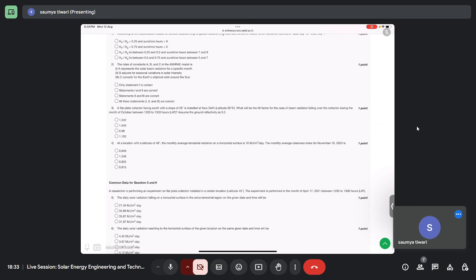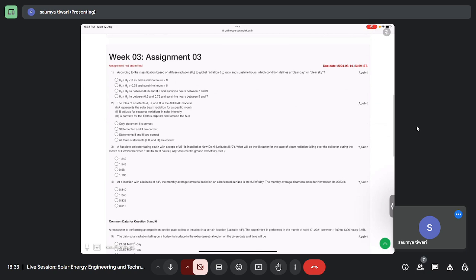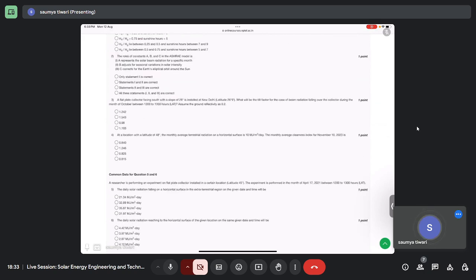So I cannot explain in detail, but I think it can be solved without the requirement of this S bar parameter. So I think you should look back into what formulas and what parameters are required to calculate this particular value.